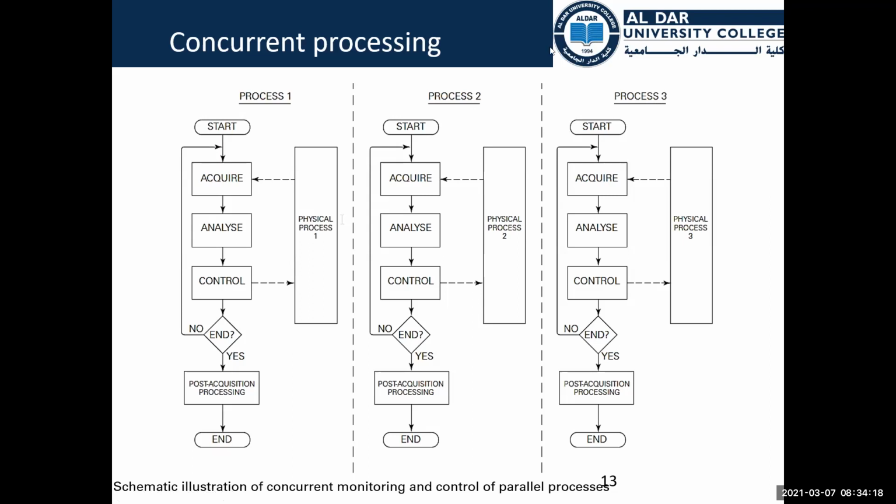Windows deals with the first process, then moves to the second process, then to the third process, and then returns back to process one again for a specific time, then moves to process two for a specific time, and process three for a specific time, and then returns back to process one. This is a round robin scheme, as I told you about.